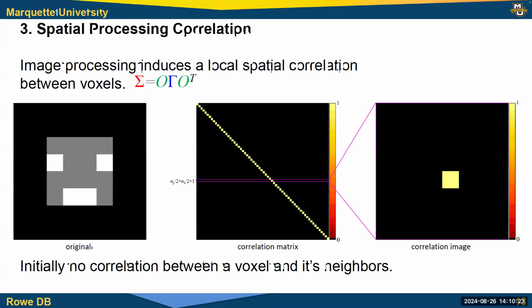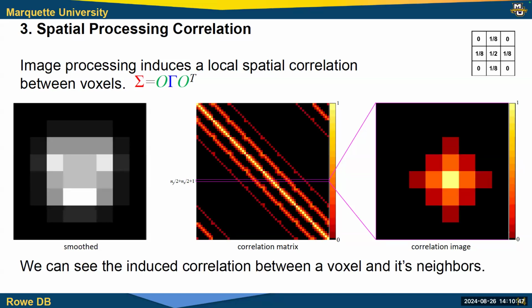So if I look at my smiling face here, that's initially uncorrelated here, I can turn this correlation into a correlation image, right? So by doing the smooth, I can take the center row and I can turn it into a correlation if my voxels are initially uncorrelated with that identity correlation matrix.